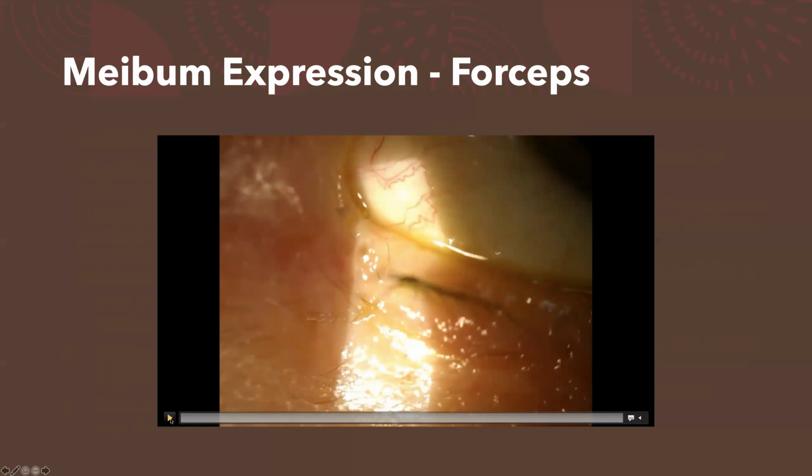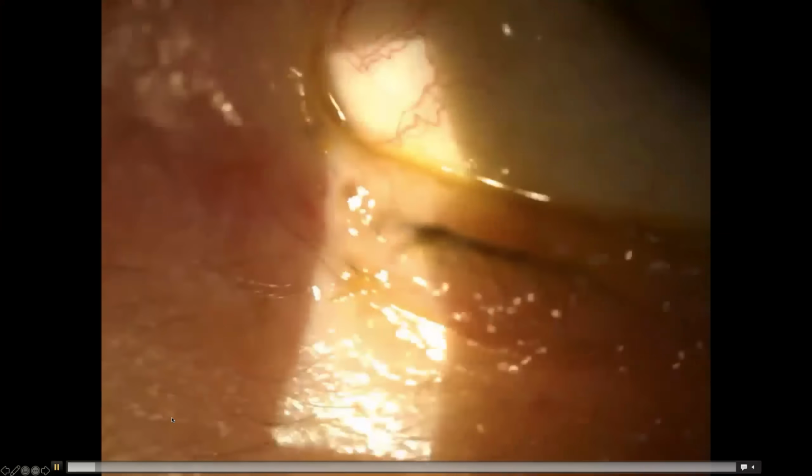So we regularly use hot compresses and lid massages. That may not be as effective as the techniques that we are showing here. After hot compresses, there are several meibum expressors available from different companies. At a time, you can start expressing out 3 to 4 glands.